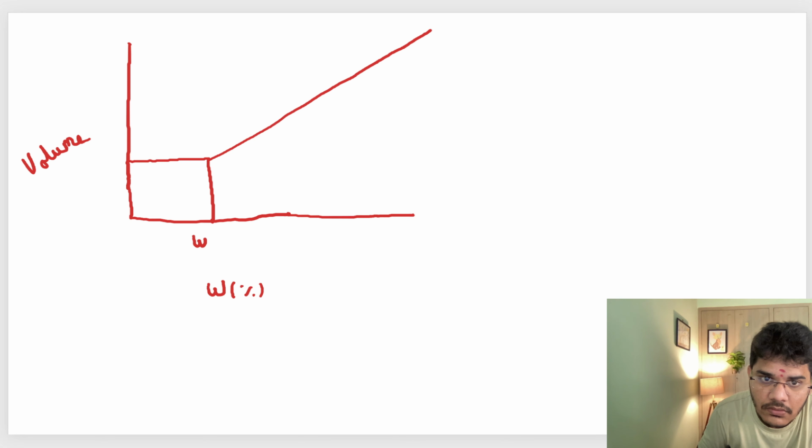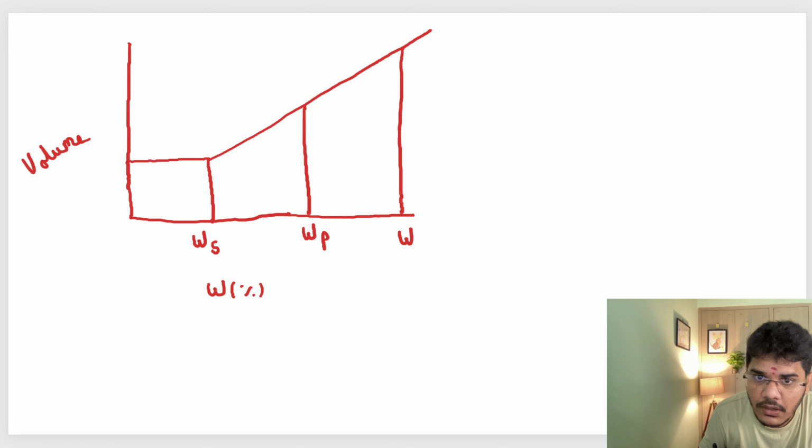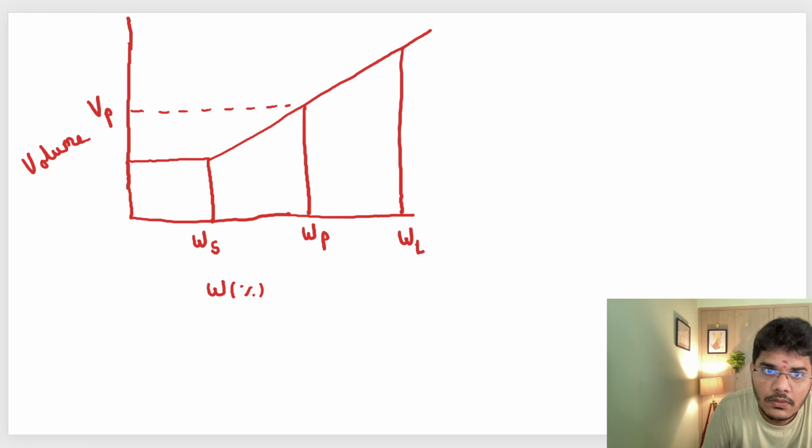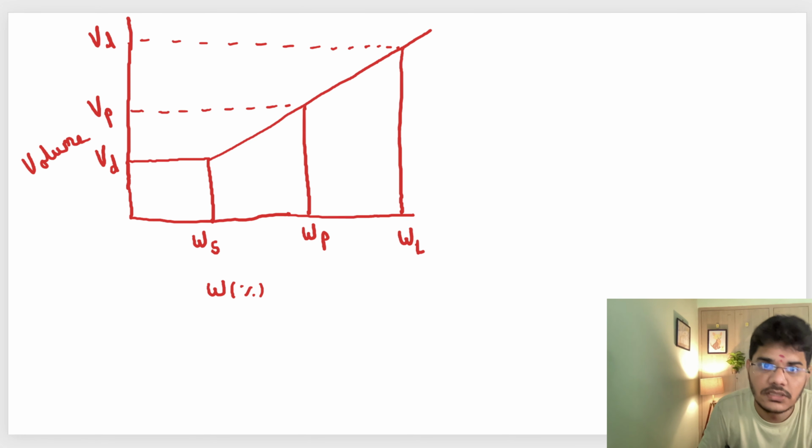So this is the shrinkage limit, this is the plastic limit, this is the liquid limit, with the volume corresponding to each of these limits.